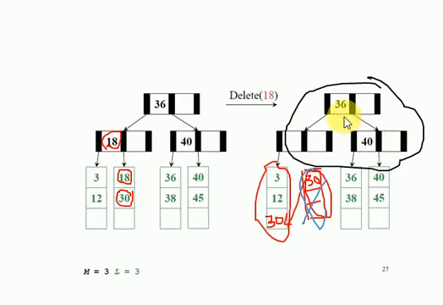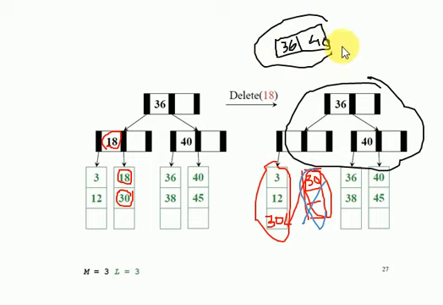The sibling here is 36 and 40. So 36 and 40 will come together. So 36 will get joined with 40. After joining 36 with 40, it is still fulfilling the definition of a B tree, not a B plus tree. It is fulfilling the definition of a B tree of order 3.